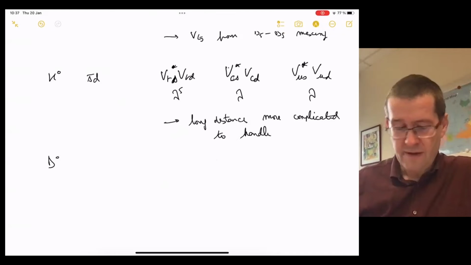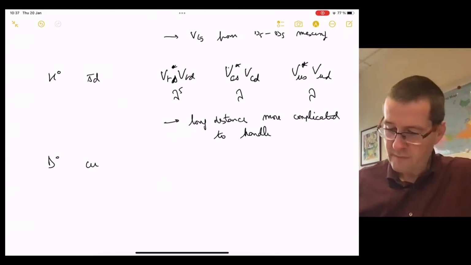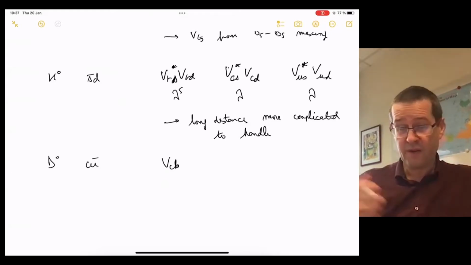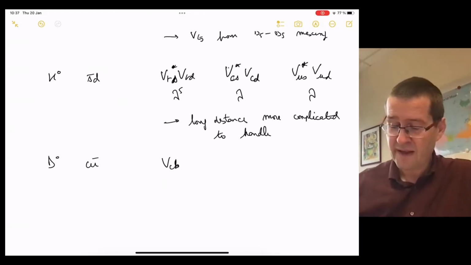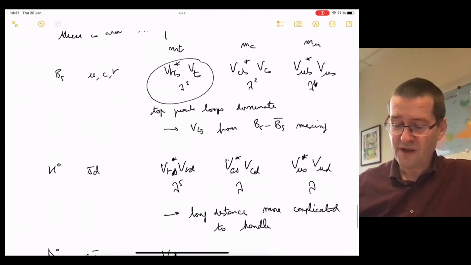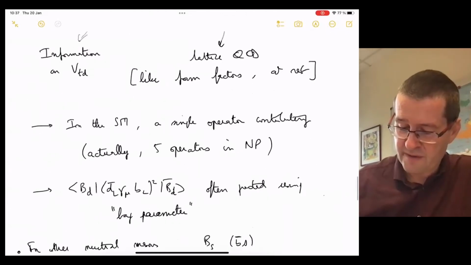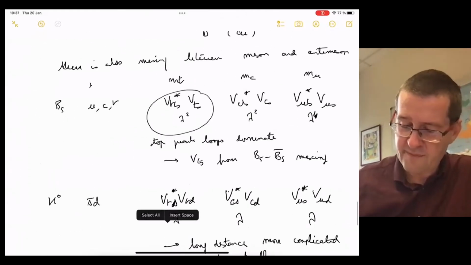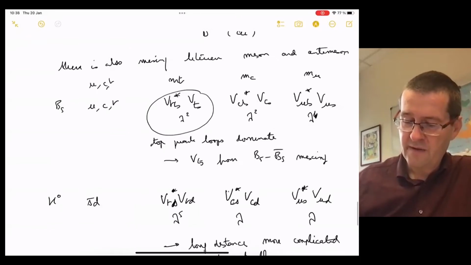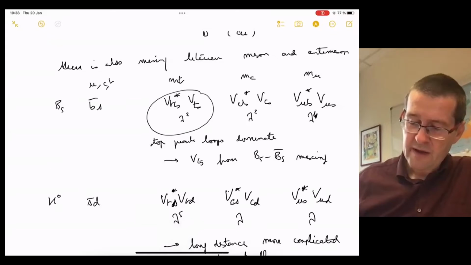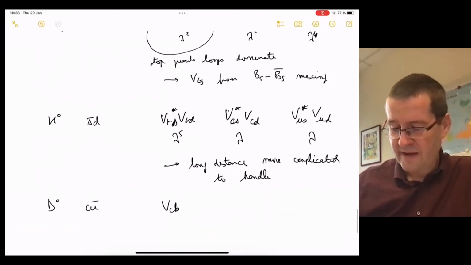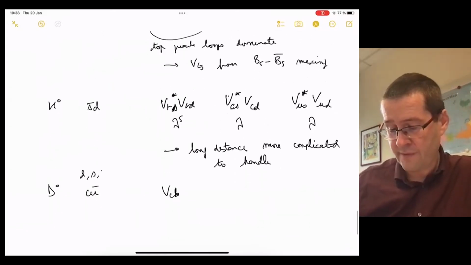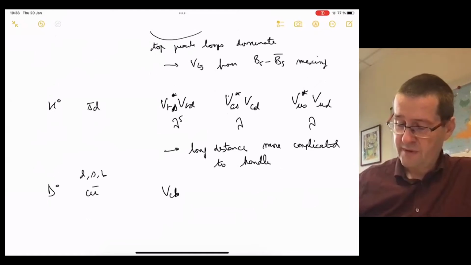And then the last case is the D0. That's a different kind, because now you see that you don't have U, C, and T in the loop. You do have D, S, B inside the loop. So for clarity, I should probably rewrite this.